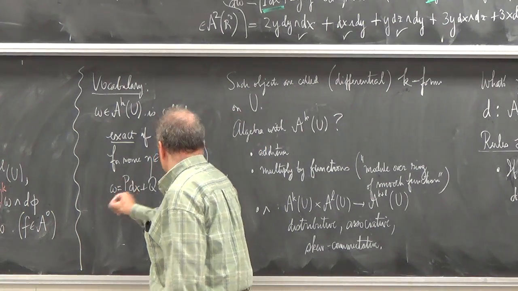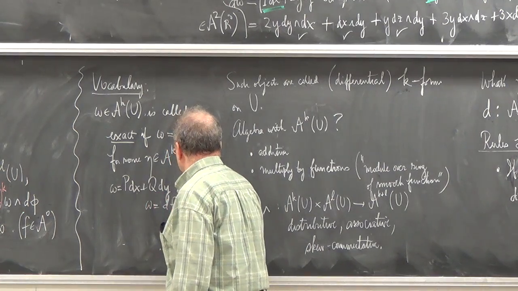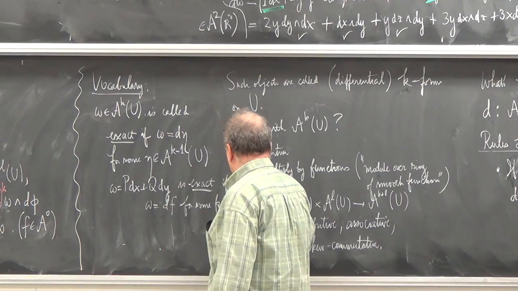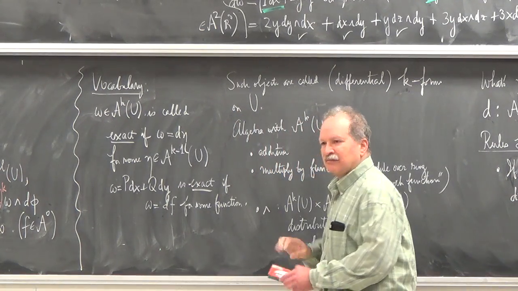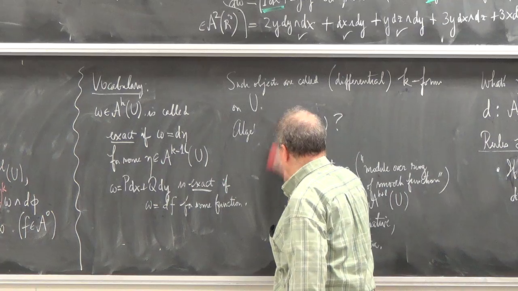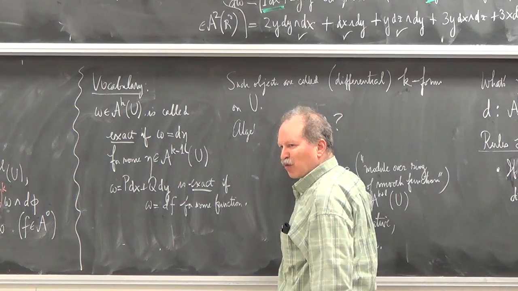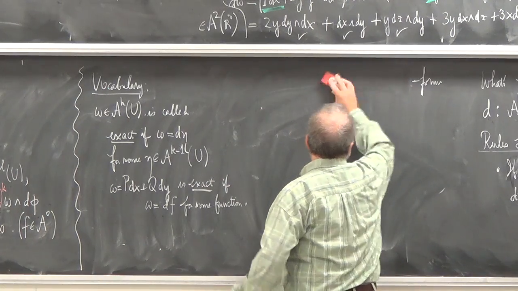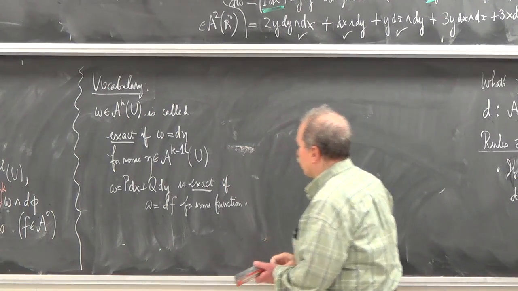So this omega is exact if it is d of some function. So if p is the partial and q is the partial with respect to x and y. Yep. But this terminology works for higher forms as well.